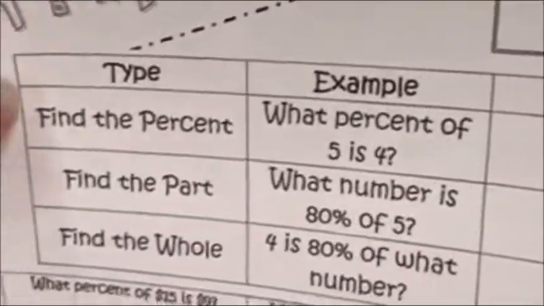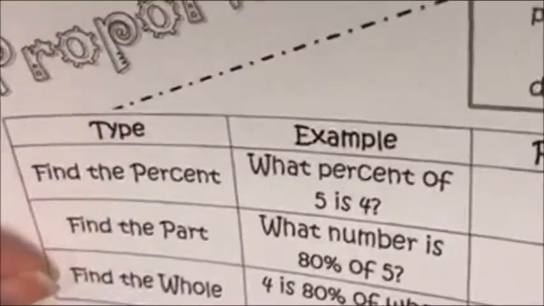This says type: find the percent, find the part, find the whole. That one goes on page 34. The other one, okay, you're going to leave 35 blank.